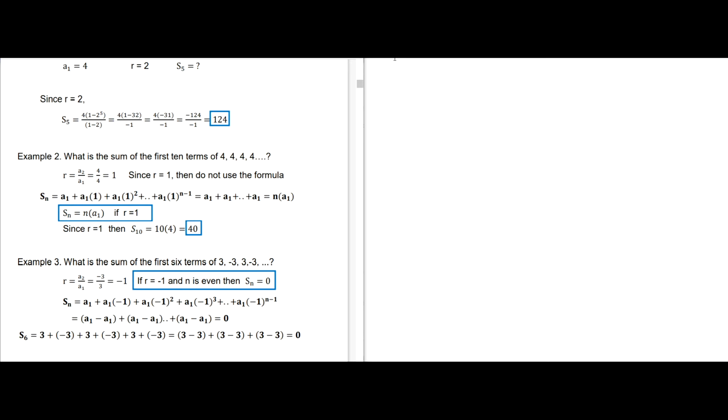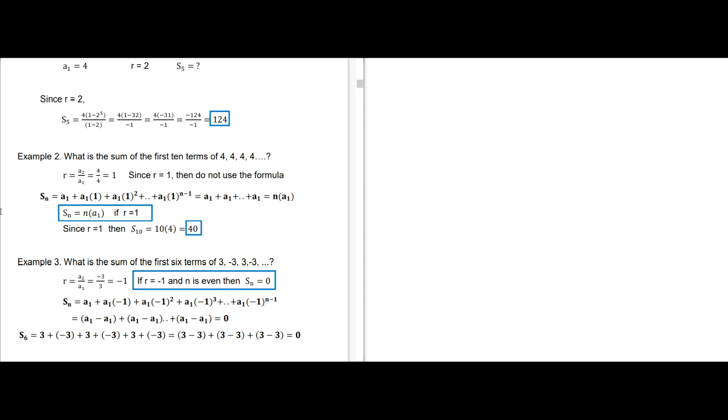Ayan. Ano masasabi nyo dito? Ang kanyang common ratio is 1. So, since r is 1, do not use the formula. You can simply multiply it.